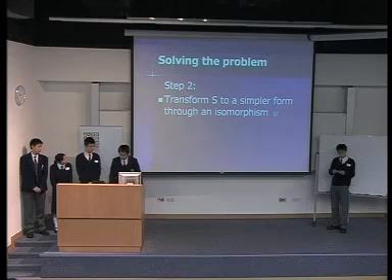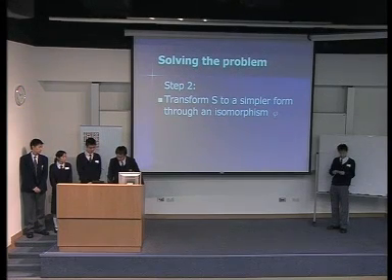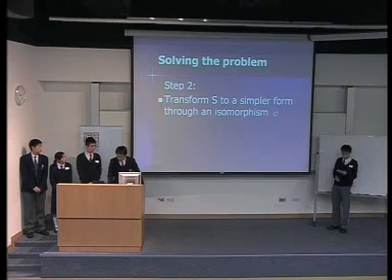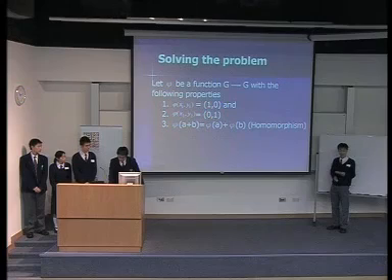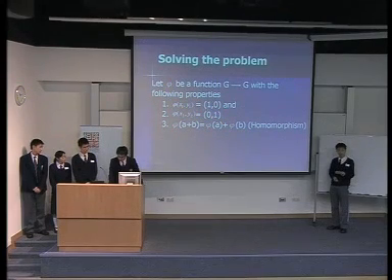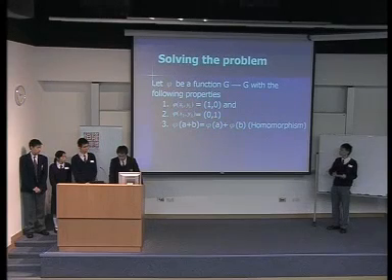Second, we would like to transform S to a simpler form through an isomorphism. Let phi be a function with the following properties. First, phi(x1, y1) equals (1, 0). Second, phi(x2, y2) equals (0, 1). Third, phi(a + b) equals phi(a) + phi(b), which means phi is a homomorphism.